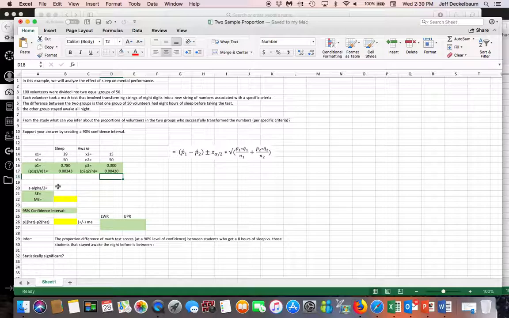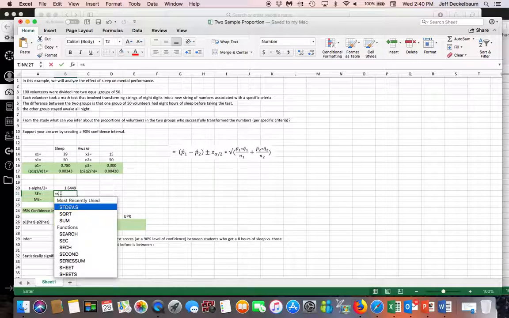The Z alpha over 2 for a 90% confidence interval is 1.6449. Okay, so now we're going to calculate this standard error, which is the square root of the sum of these two terms.